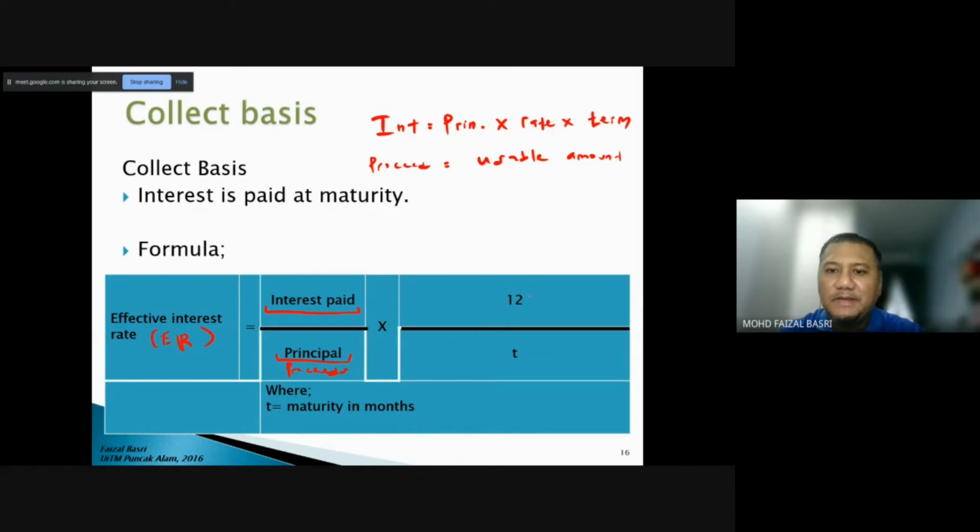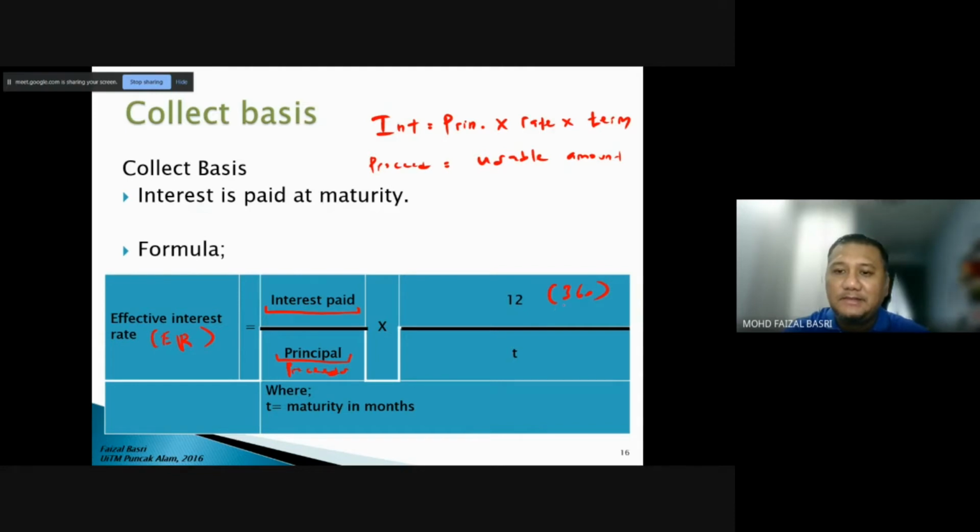And then we multiply with 12, which refers to 12 months in a year. In some questions we might use 360. Either one can be used as long as it is consistent. And we divide by, again, the time, the maturity in months. How long are you going to borrow it? If we use 12, it will be in months. If you use 360, it will be in days.